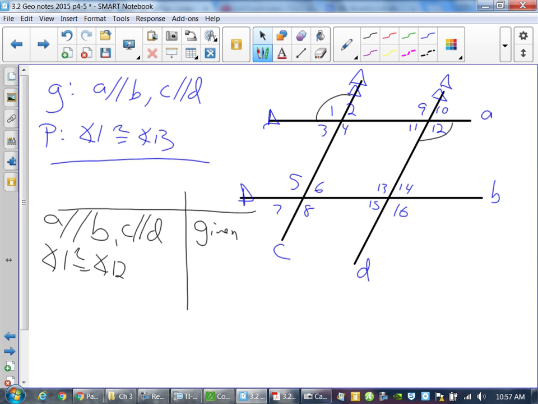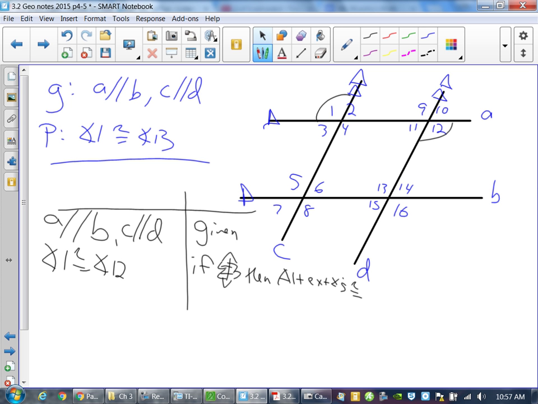Corresponding angle? No, they're alternate exterior angles. Yeah, they're alternate exterior, but what do I have to write? If 2 parallel lines are cut by a transversal, then alternate exterior angles are congruent.